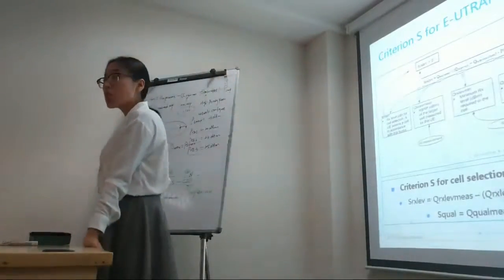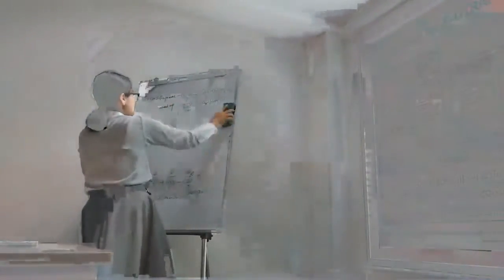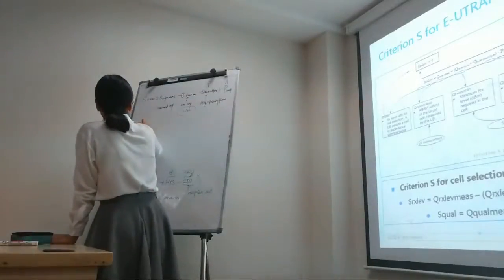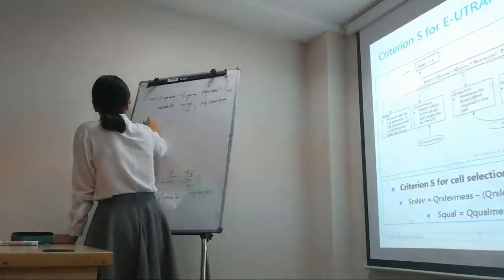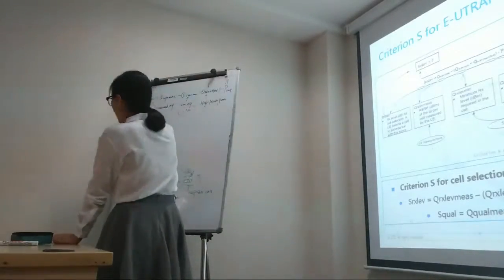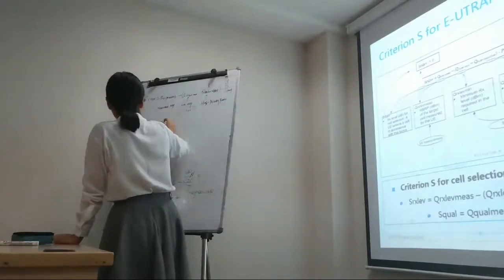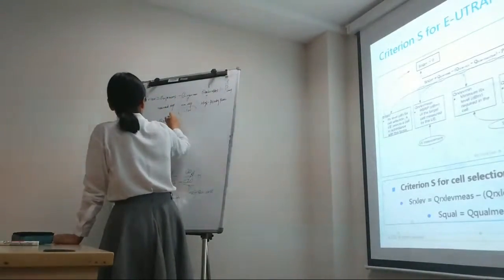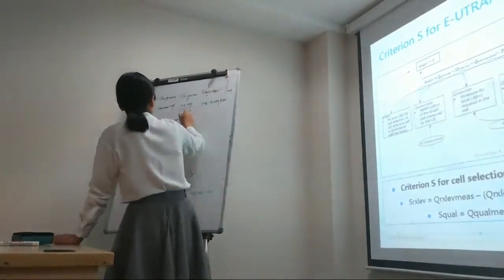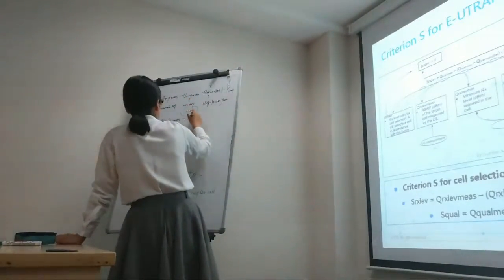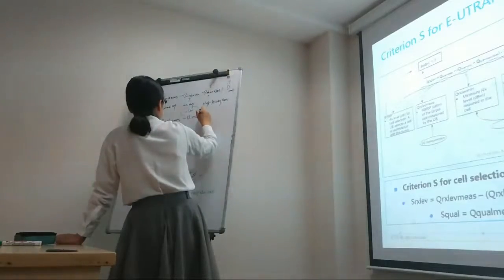Now we can change this criterion to this kind. Now this S, the receive level, equals this minus this. This is the minimum.